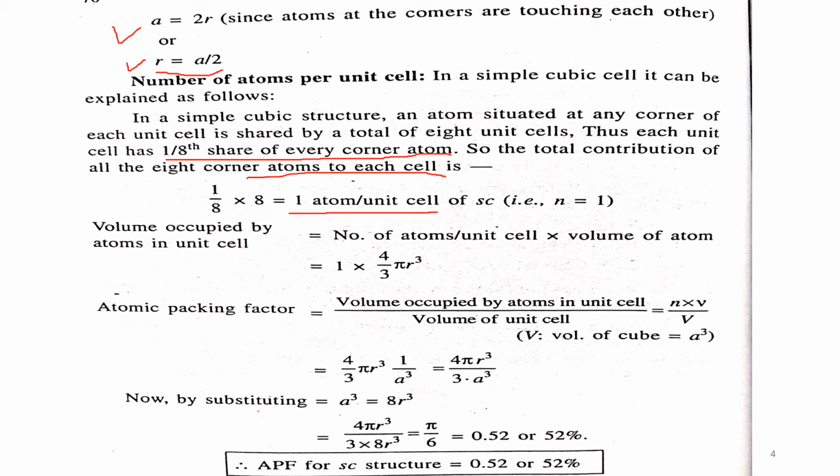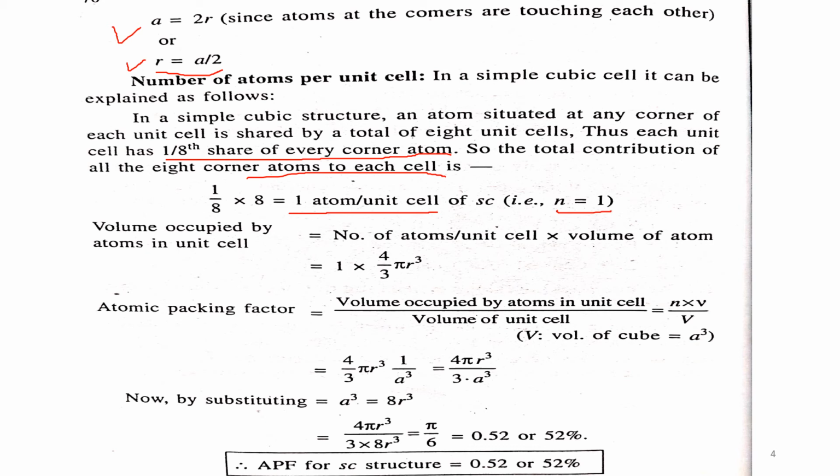Therefore, there are 8 corner atoms, but the contribution of each corner atom to a single unit cell is its 1/8 part. Therefore, 1/8 into 8 in total contributes only one atom. Therefore, the number of atoms n present in the simple cube structure is 1.